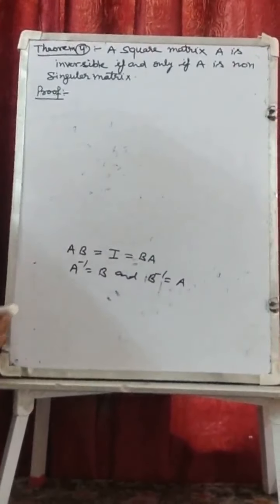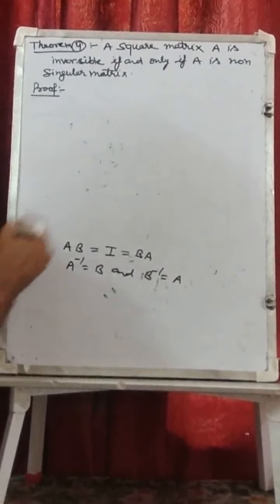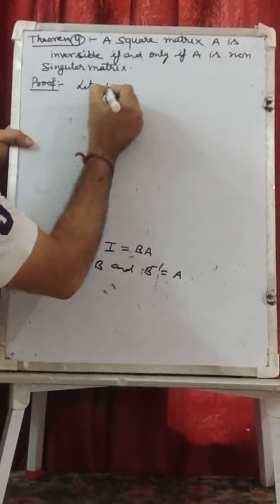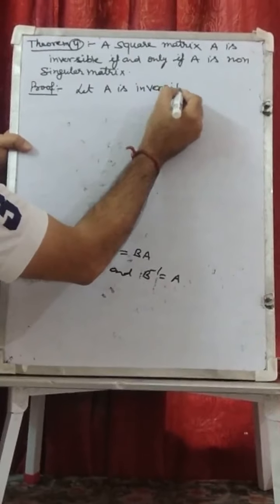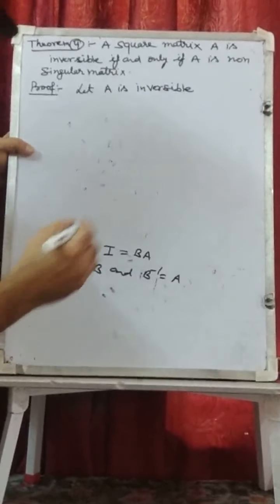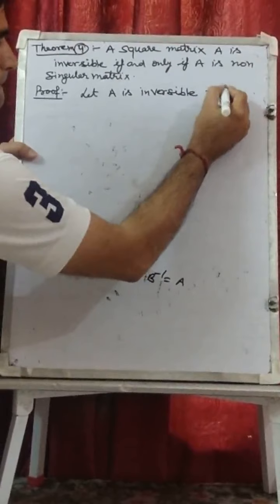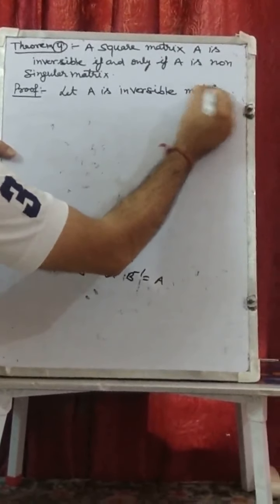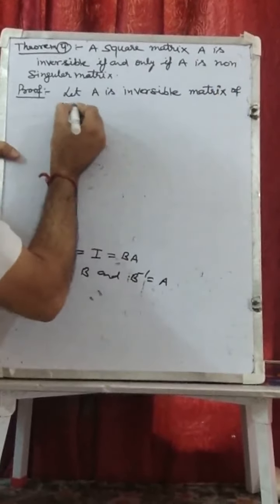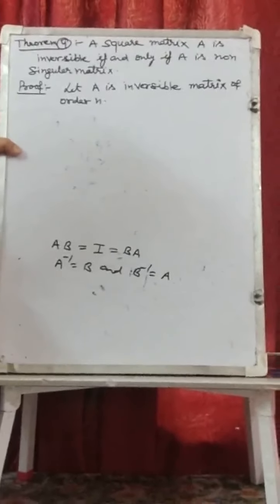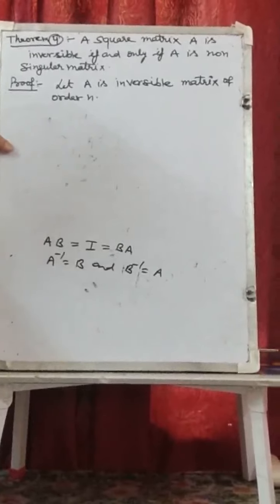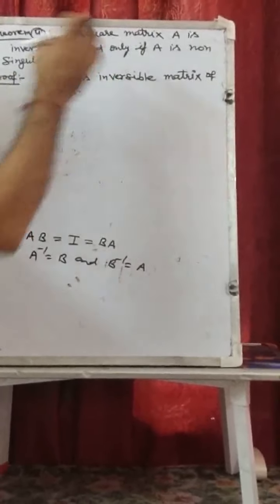तो पहले हम लेके चलते हैं, let A be an invertible matrix of order n. अब बिकॉज ये ऑर्डर n की इन्वर्सिबल मैट्रिक्स है तो यहां हमको ये फाइंड करना है कि जो A है वो नॉन सिंगुलर है.